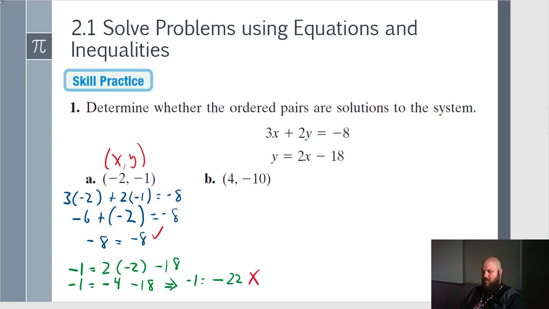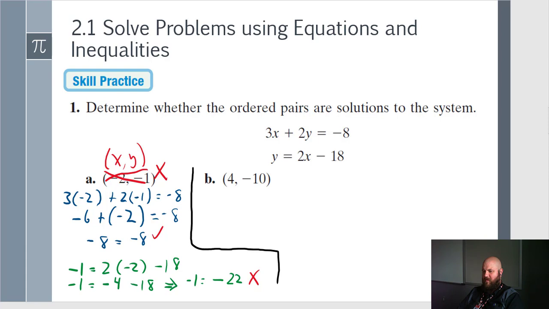No. So it's a no-go for those guys, all right? So -2 and -1, that point is not a solution. Put a big X over it, it is not a point that works for both equations.